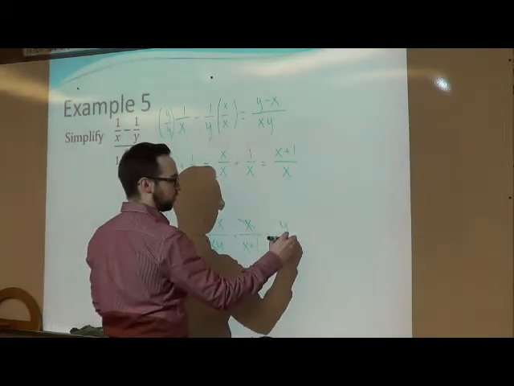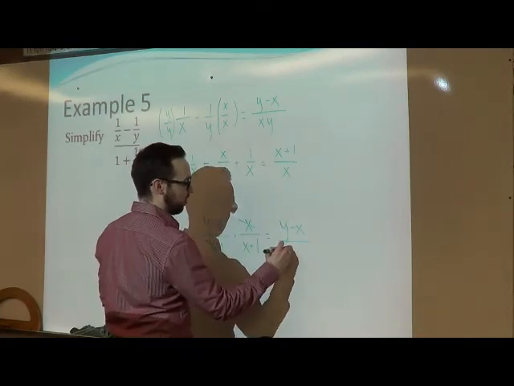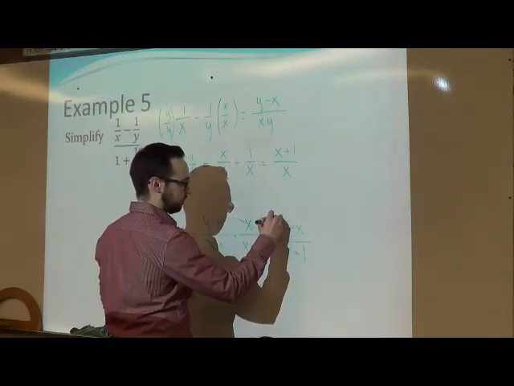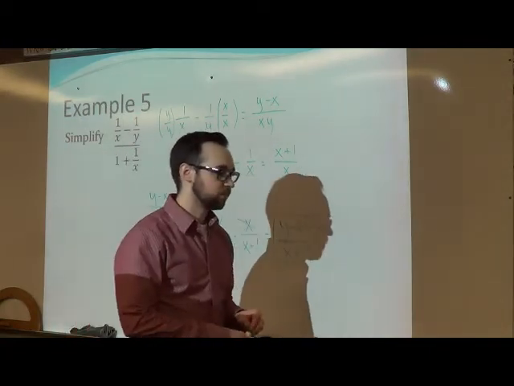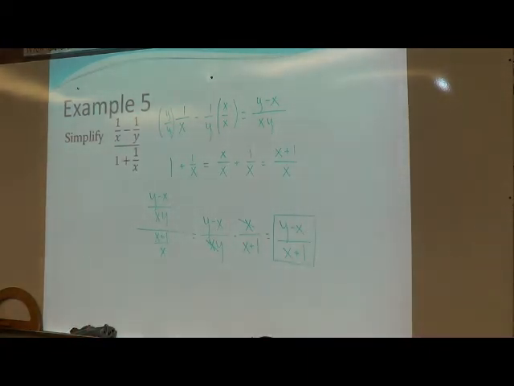So now we're left with y minus x all over x plus 1. So treat those as two separate problems and put it together. At the end, remember, complex fractions, treat them as a division problem. You take the top one times the reciprocal of the bottom one.